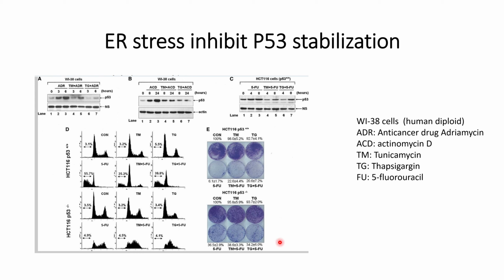If we combine both the figures and make a conclusion, then one conclusion would be that ER stress inhibits p53 stabilization, as can be seen here, and there is no change in the second figure of panel E. The reduction in cell population in this case could be because of another reason, and that is common in all three cases.